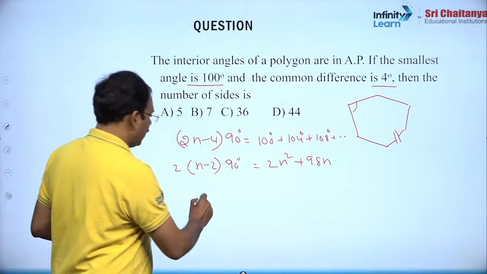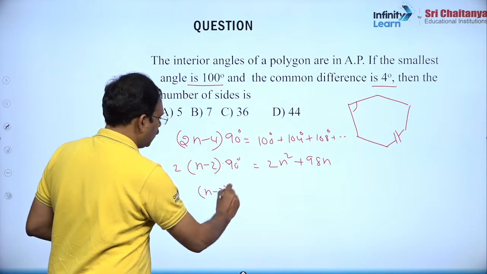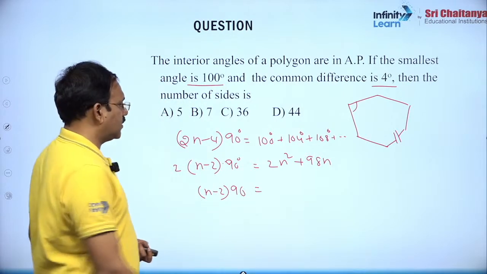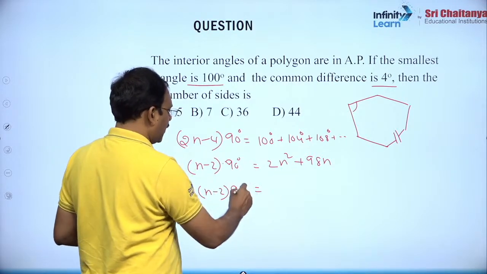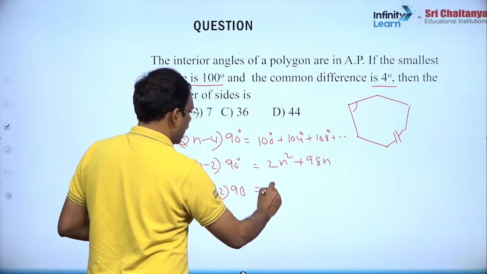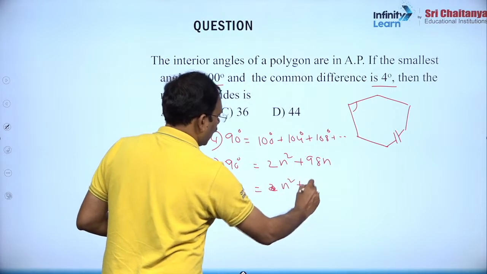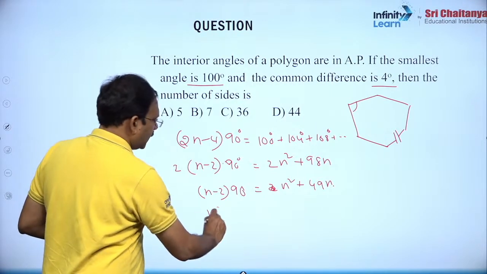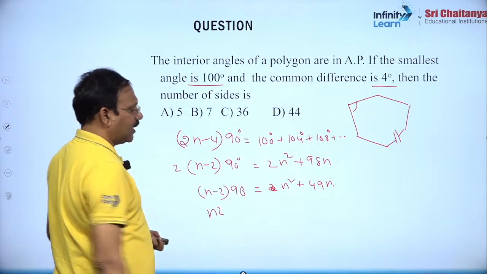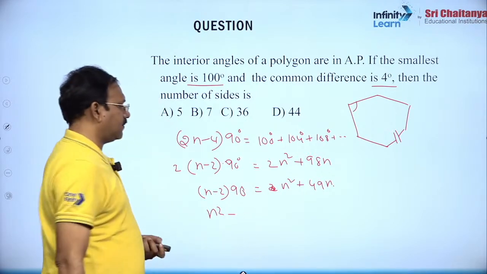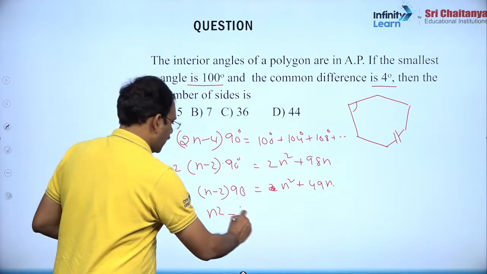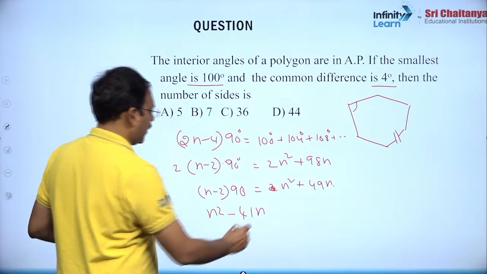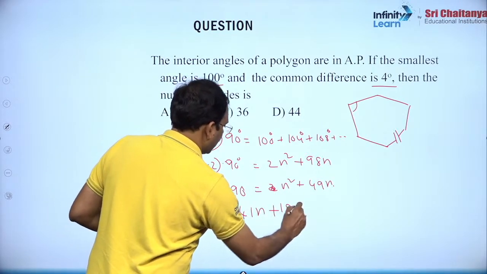So you can just divide by 2: n minus 2 into 90 degrees is equal to n square plus 49n. So n square, 49n minus 90n, that is minus 41n, plus 180.